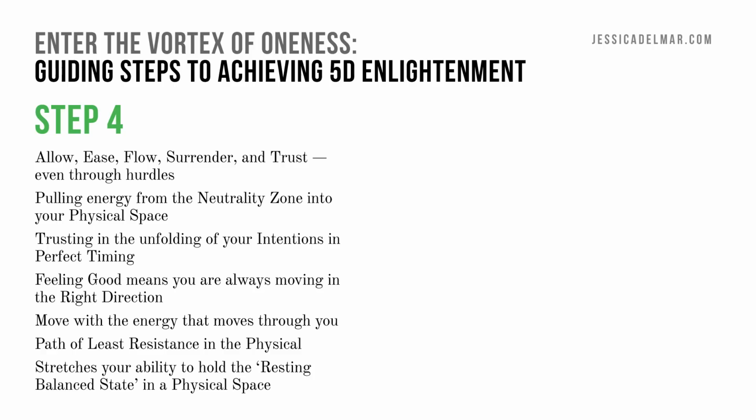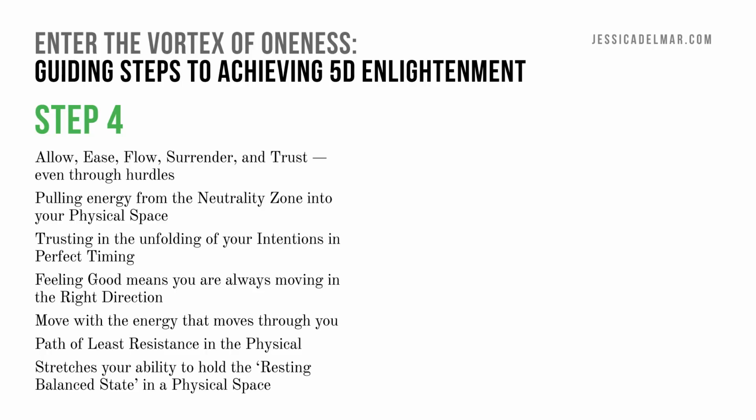Ease and flow also allows you to hold the state of non-attachment more and more. So this goes back to step 1, recognizing the things that are manifesting for you and taking a step back into non-attachment.